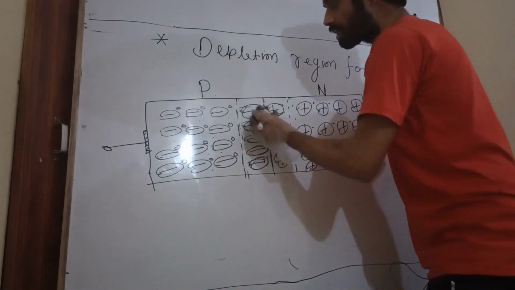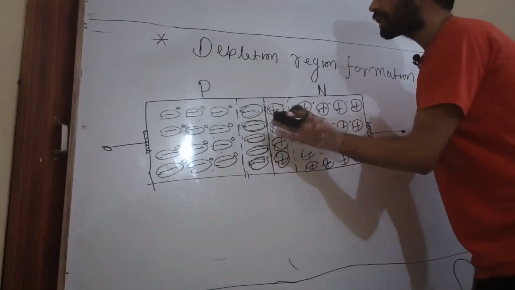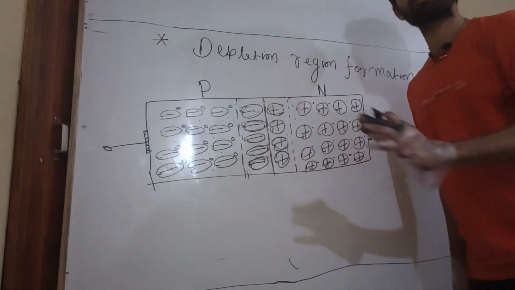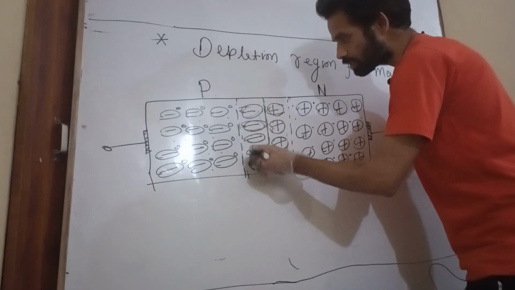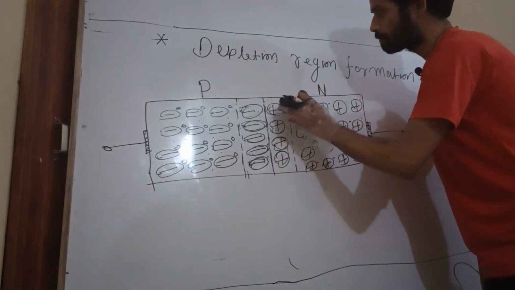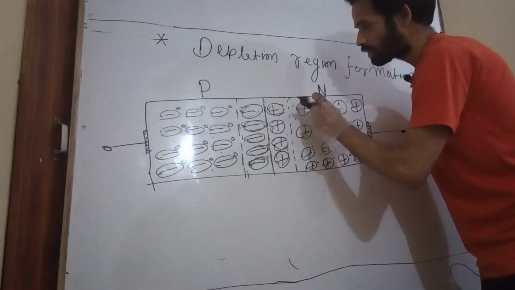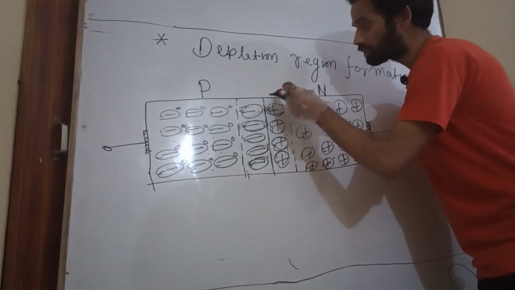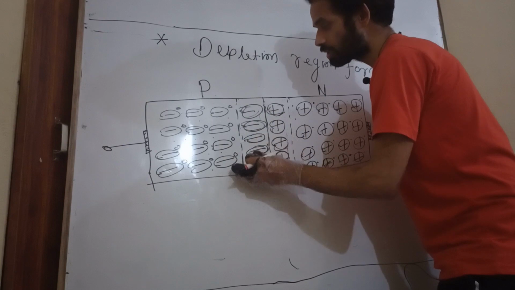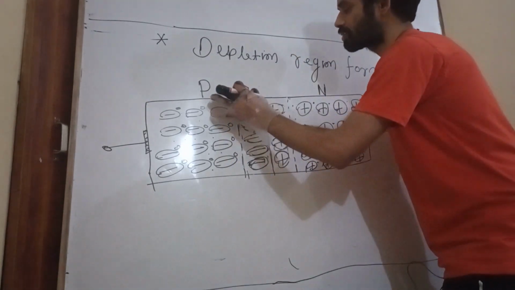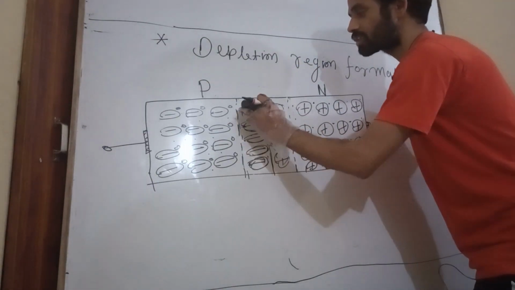Because some of the charge carriers come very quickly, recombine with majority charge carriers, and disappear from the scene; they are no longer present within this pn junction layer. Therefore, the positive charge on the n region doesn't have any electrons to neutralize, and similarly the negative charge on the p region doesn't have any holes to neutralize. Hence on the p side and n side there is some region which is uncovered, or depleted of electrons as well as holes.